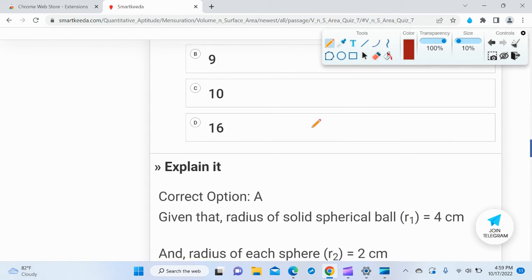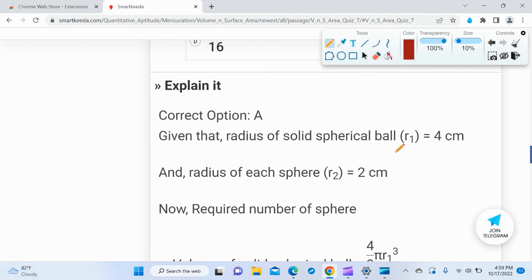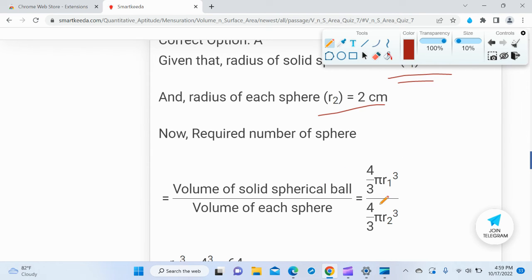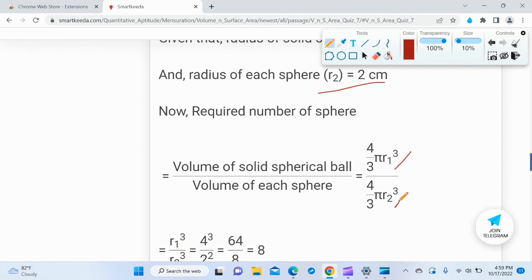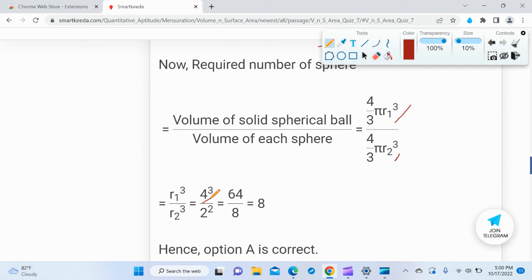So what is the volume? We know the bigger ball radius is 4 centimeter, the smaller is 2 centimeter, and the volume formula is 4 by 3 pi r cube. So 4 by 3 pi r1 cube is the bigger ball, and this is the smaller ball. The bigger ball is 4 to the power 3, the smaller ball is 2 to the power 3. So 4 by 3 will cancel, pi will cancel.